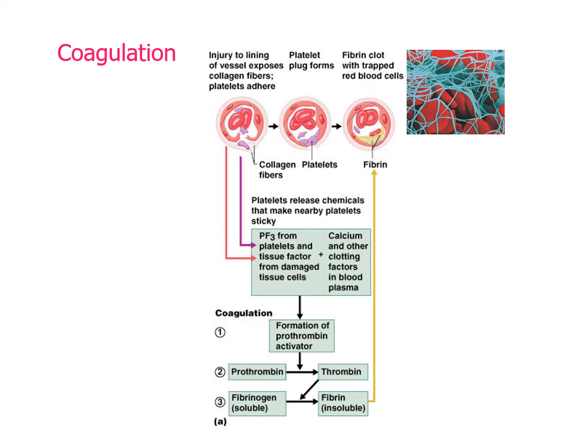Now, this is an abbreviated diagram showing an abbreviated version of the coagulation or clotting pathway that goes to form those insoluble fibrin fibers that make up the clot. There's a false colored electron micrograph.